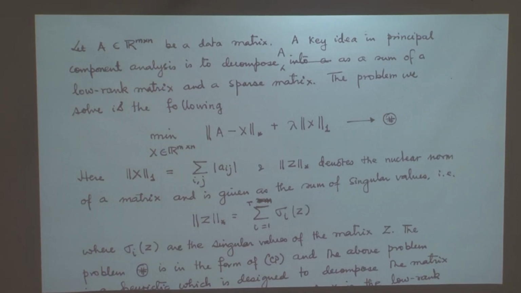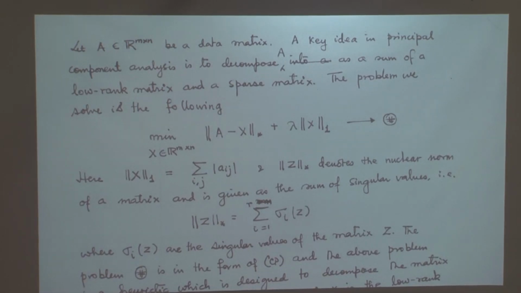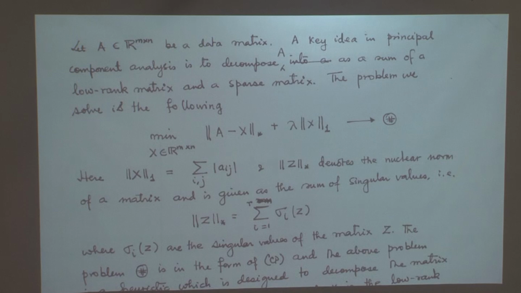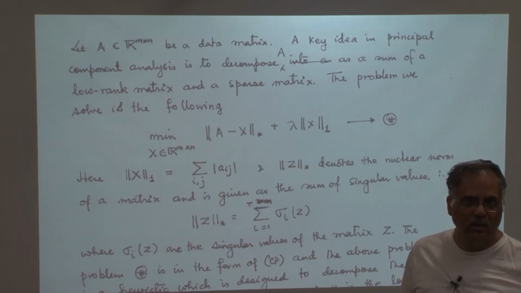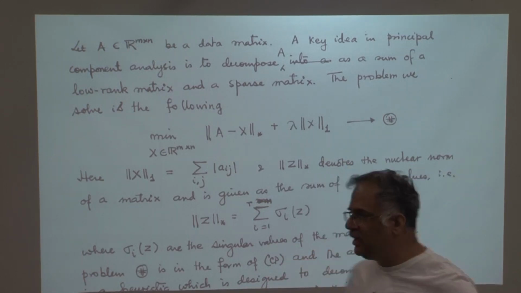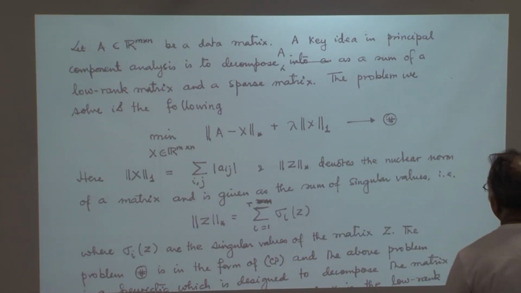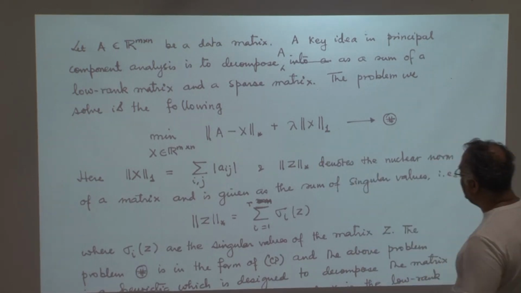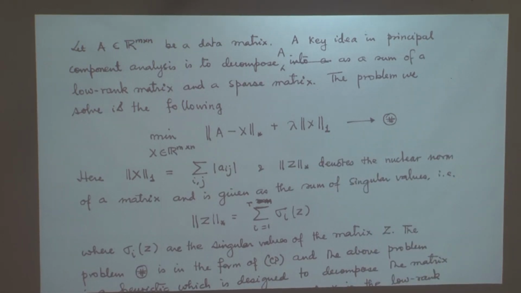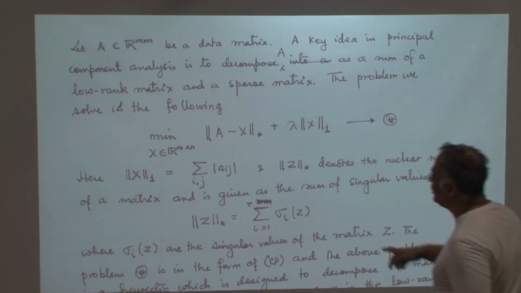In principal component analysis, the idea is that you want to decompose the matrix into two parts. One part is a low rank matrix and one part is a sparse matrix. The idea of doing this can be achieved by solving this problem.